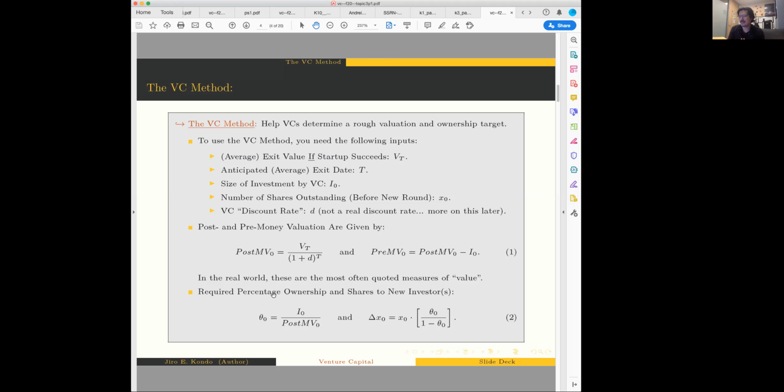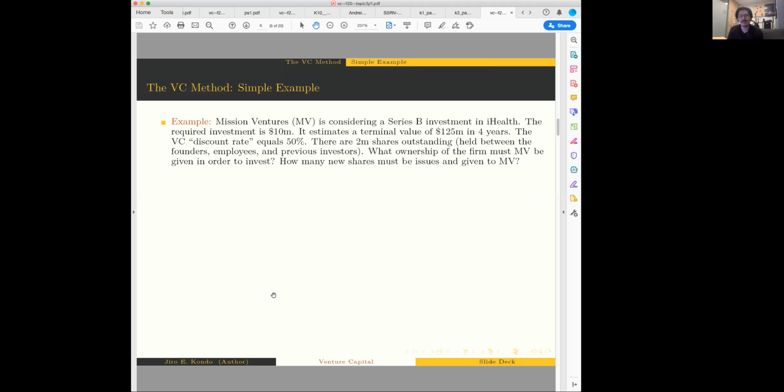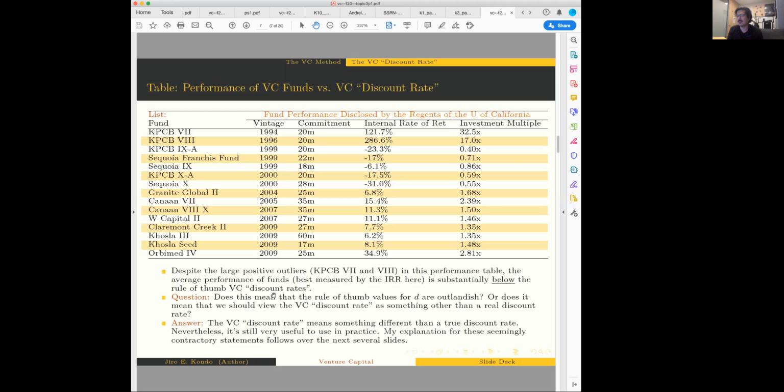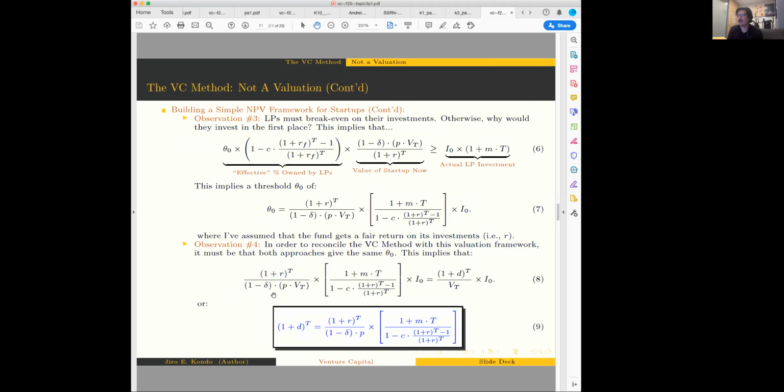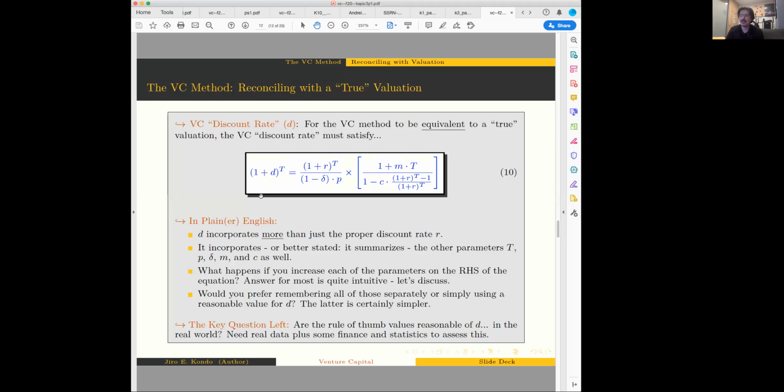Right? And when we built that more rigorous, first principles based valuation model in the second part of last lecture, we eventually got to an equation that would reconcile the VC method with more rigorous valuation.